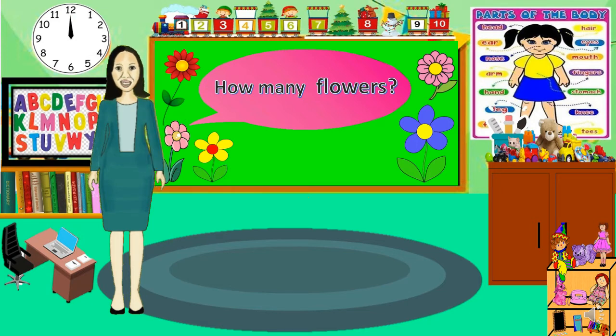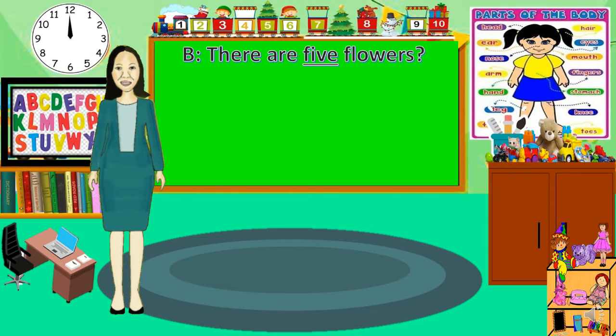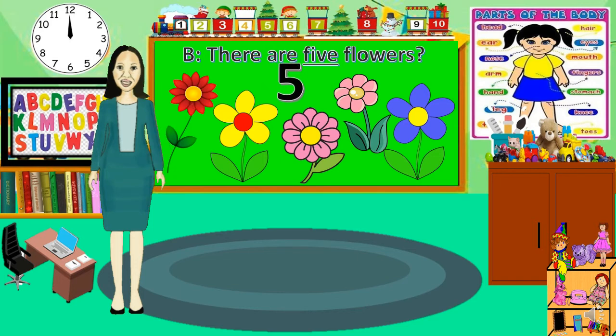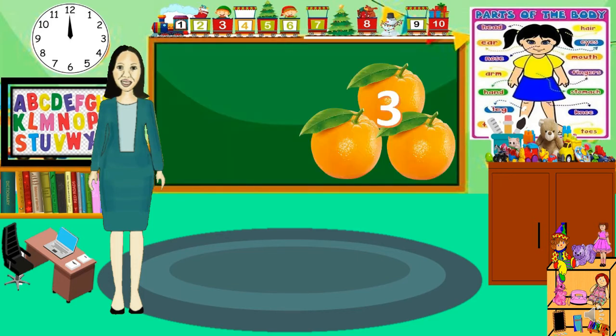There are how many flowers you can see? Can you count how many flowers you can see? You are correct. There are 5 flowers. Very good. Now let's go to the next picture.